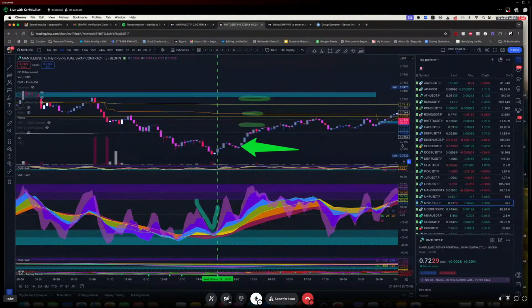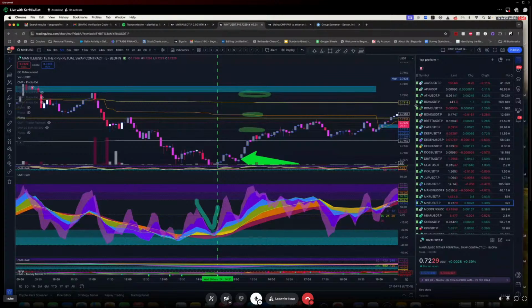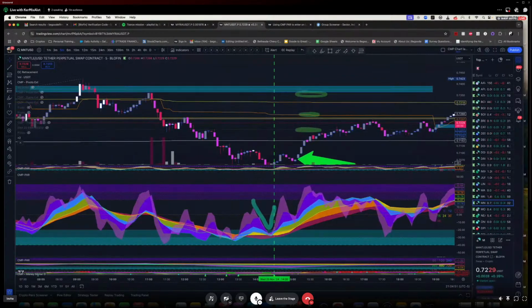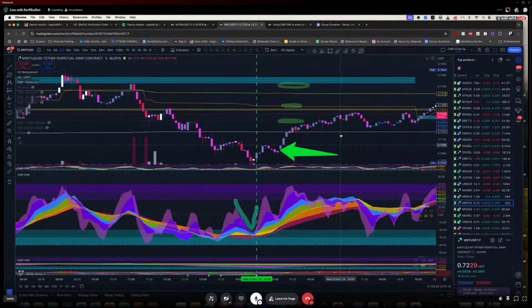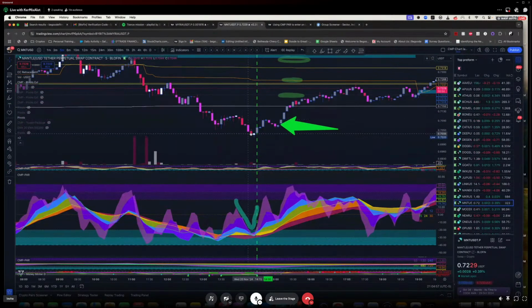Let me make the price a little bit larger here. I still want to be able to see the coins because I've got to go through some of them. You can see right here, that's an obvious 3 inside up, and it was also a PAR scalp signal right there. And you could have had another entry. I think this is where I got in.